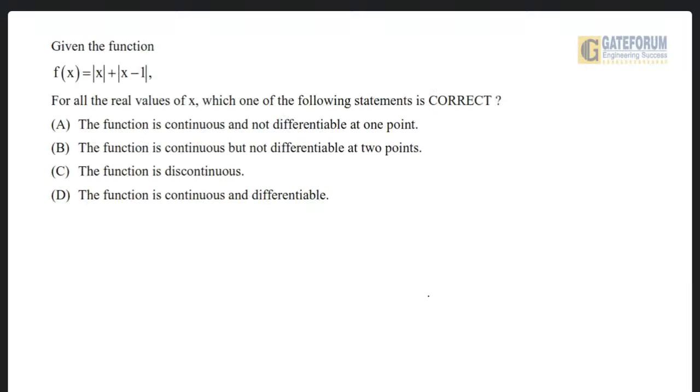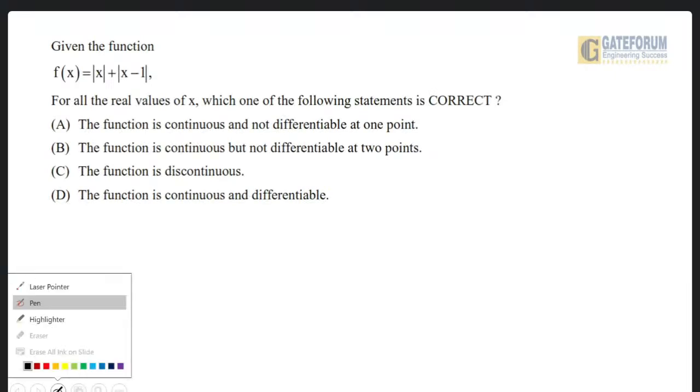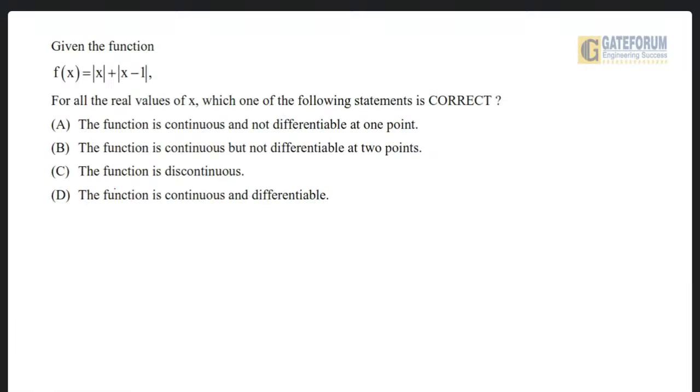The question is: given the function f of x is equal to mod x plus mod x minus 1 for all real values of x, which one of the following statements is correct? Statements A, B, C, D are given regarding continuity and differentiability.